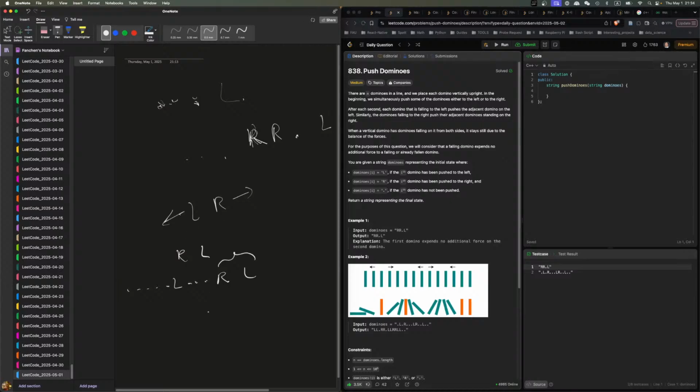So if that's the case, then go left to right, and then we find the first right, okay, and then I need to find the left, and if I have another right, then I swap to this one, and everybody else in between becomes R.